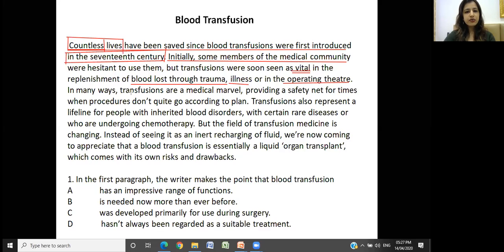Then again, the writer uses transfusions are a medical marvel. So, medical marvel, marvel again is an adjective that the writer has used. And transfusions also represent a lifeline for people with inherited blood disorders. So, lifeline is also an adjective that the writer has used.